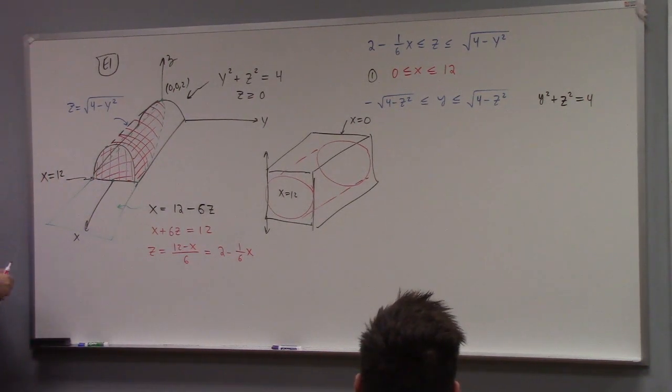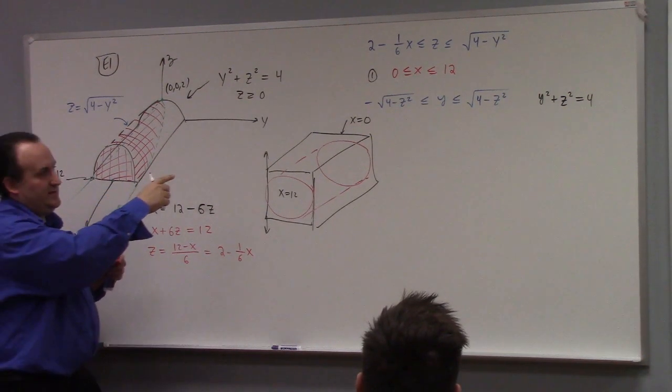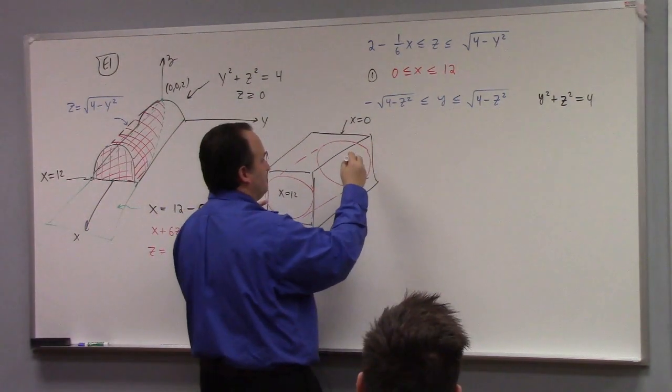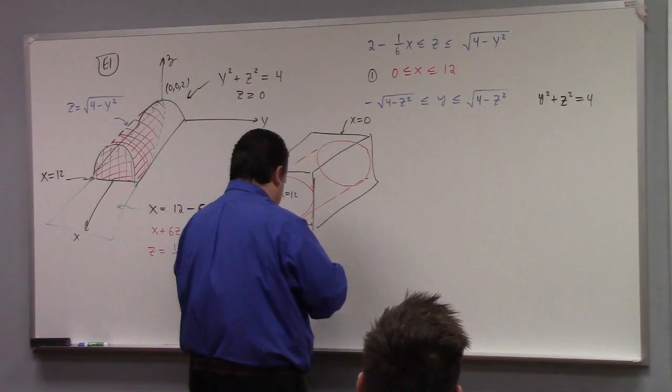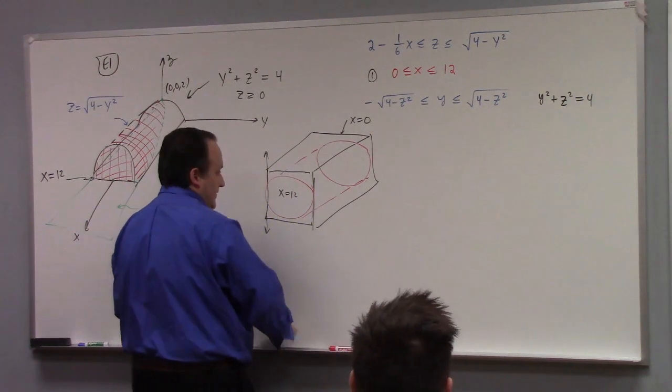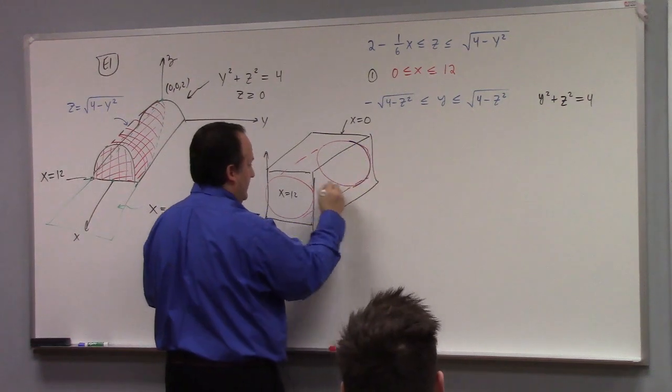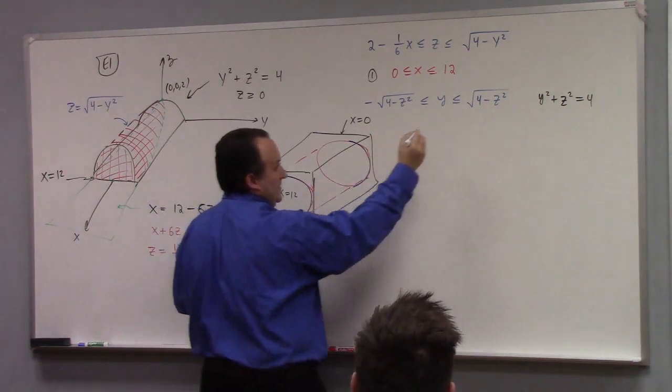Because that gives you y squared plus z squared equals 4 at every x, right? So this fixes y to be between, well, let me do some color coding here. That would fix y to be between the front side, like here, right? That's given by this one.